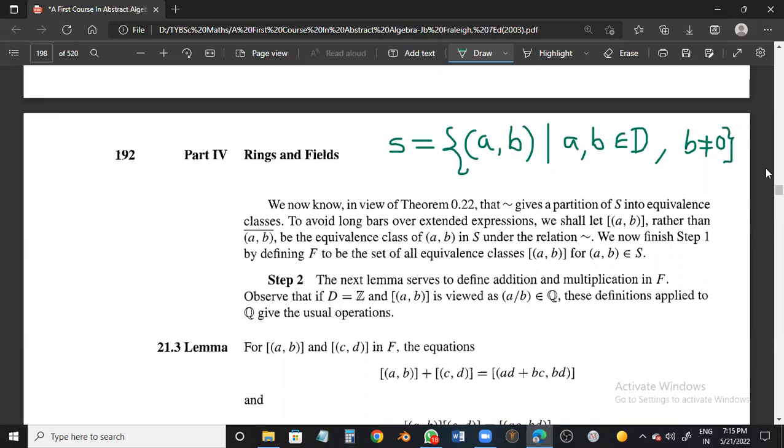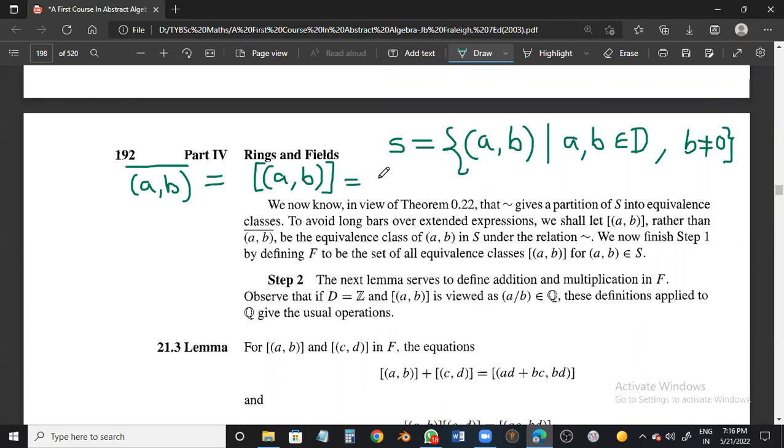Now can we define an equivalence class? What is an equivalence class? If I select any pair AB from this particular set, then the equivalence class is either denoted by a box or by a bar overhead the ordered pair AB. So this is an equivalence class of AB, or you prefer a box. In this particular textbook, they prefer the box.